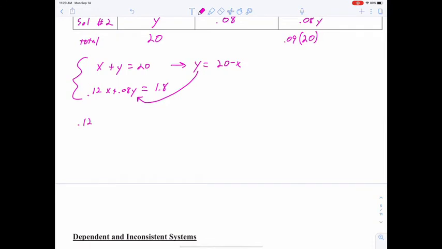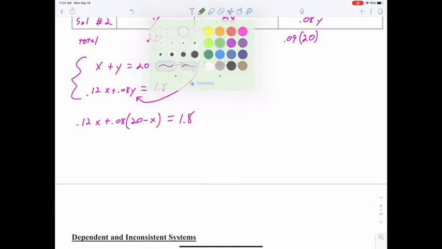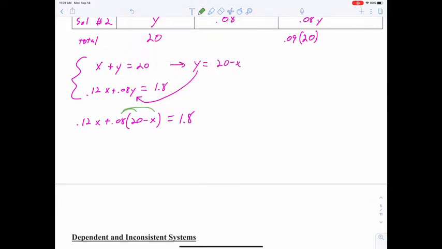So we get 0.12x plus 0.08. Again, make sure you use parentheses just like I'm doing here. Very important, because otherwise you'll skip your distribution part and you'll get the wrong answer. So again, we're going to distribute this 0.08 into there and there. So 0.12x plus, 0.08 times 20 is 1.6, minus 0.08x equals 1.8.